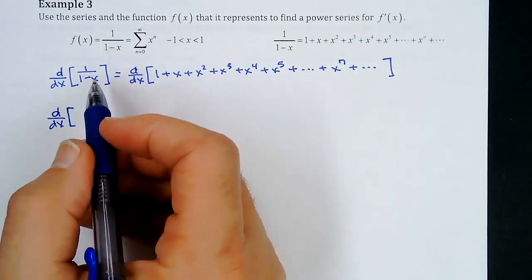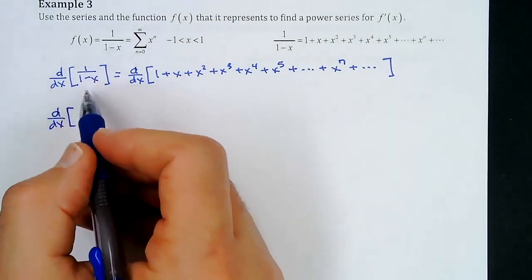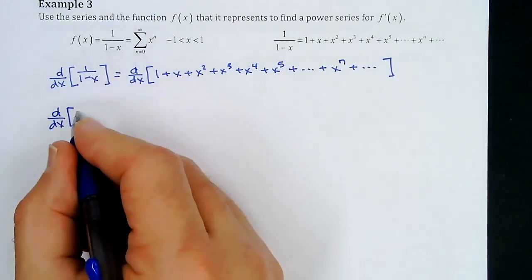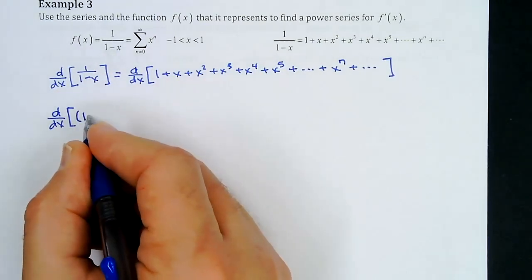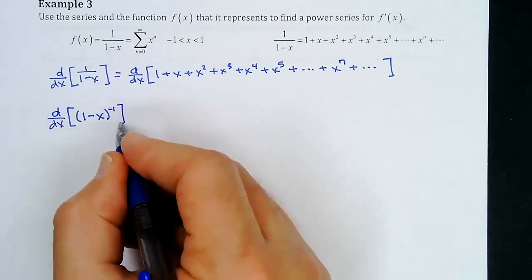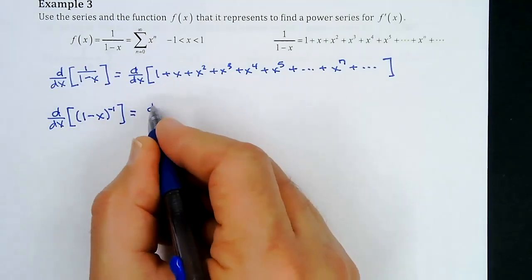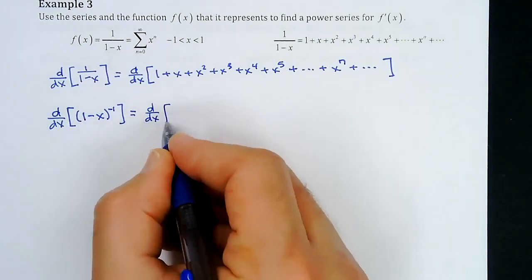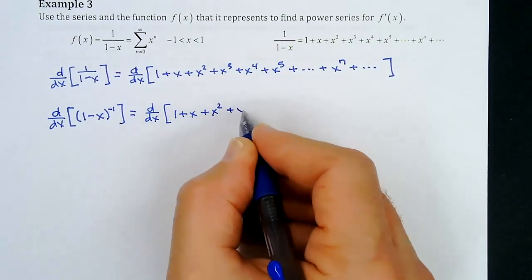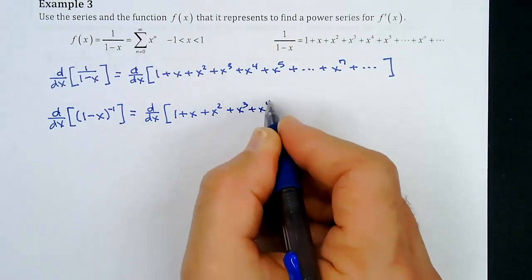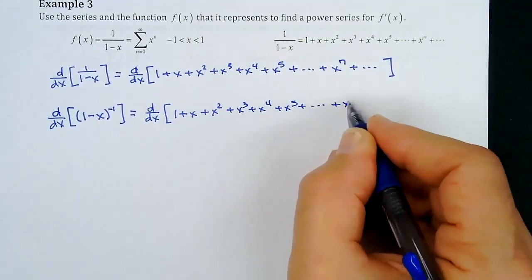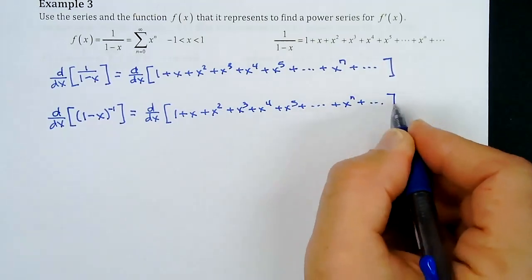I'm going to rewrite this. Instead of applying the quotient rule, I could rewrite this as 1 minus x to the -1 power and just apply the chain rule to it. And this is equivalent to, I'm going to write this again, d dx of 1 plus x plus x squared plus x cubed plus x to the 4th plus x to the 5th plus dot, dot, dot, plus x to the n plus dot, dot, dot.